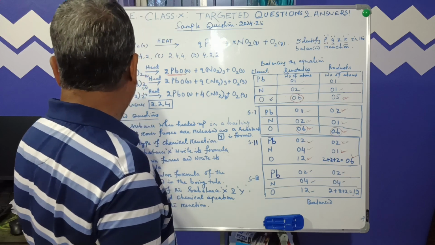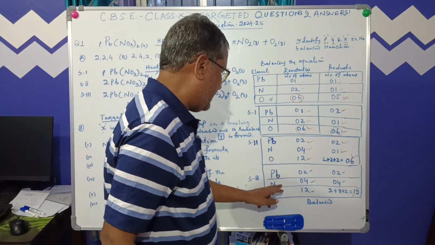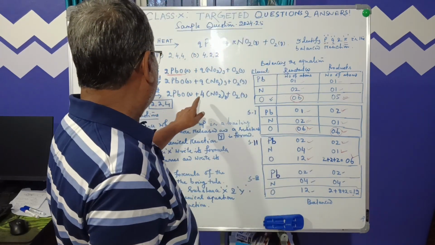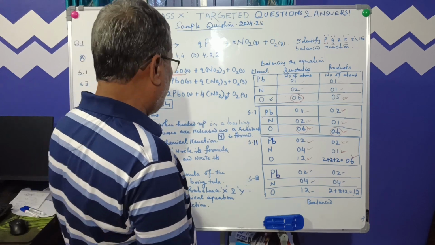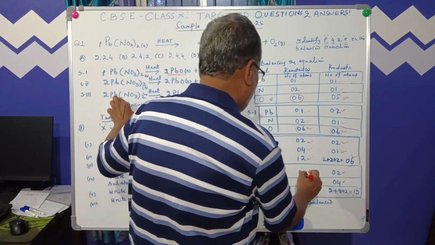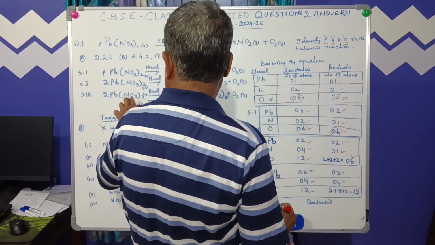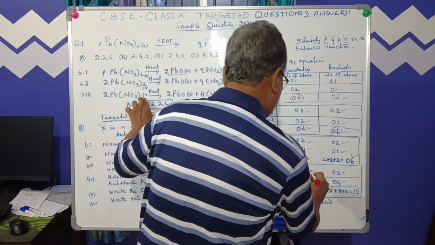Now in the third step, because we have to equalize the nitrogen atoms, 4, we have multiplied by 4 here. Now you calculate: Pb is 2 on the reactant side. Nitrogen 2 and 2, that is 4.